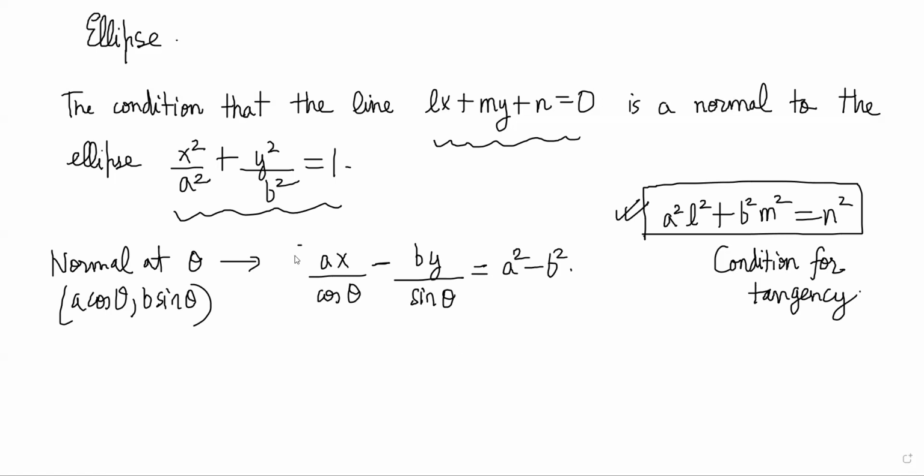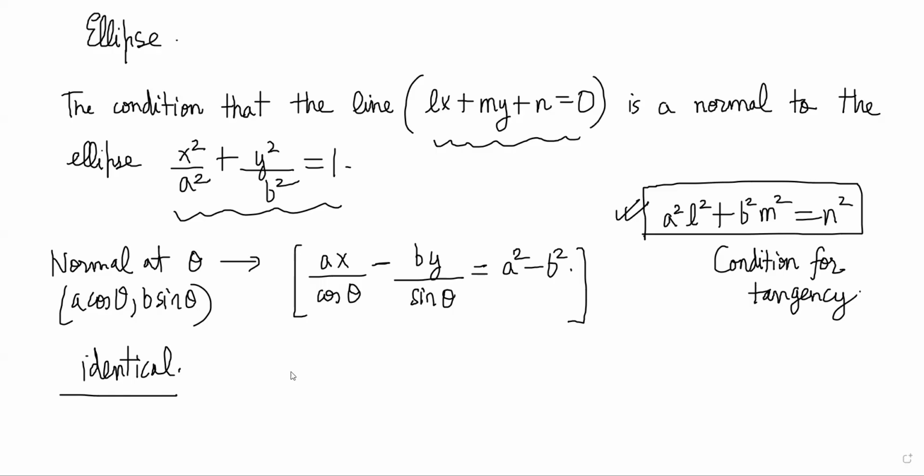Now, if this is the equation of the normal and this is the line equation, these two equations must be identical because both are supposed to be normal, right? And if these two things are the same line, then we can write the ratio of their coefficients, right?